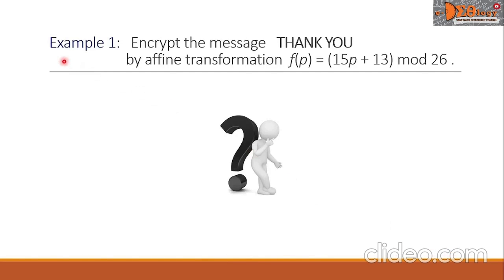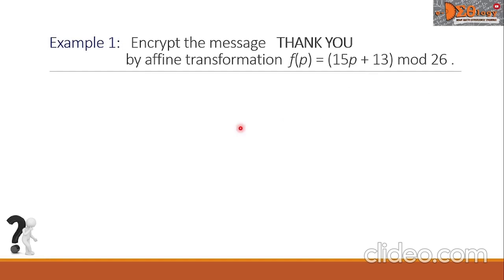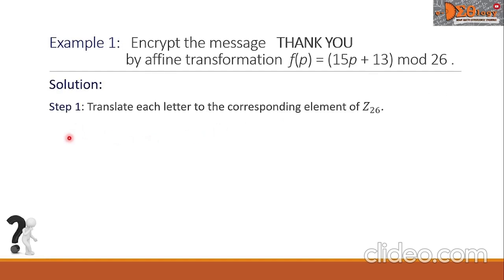Let us see example 1. Encrypt the message "Thank you" by affine transformation. F of p is equal to the quantity 15p plus 13 mod 26. For step 1, we translate each letter to the corresponding element of Z sub 26.